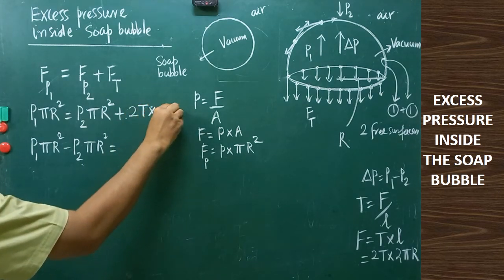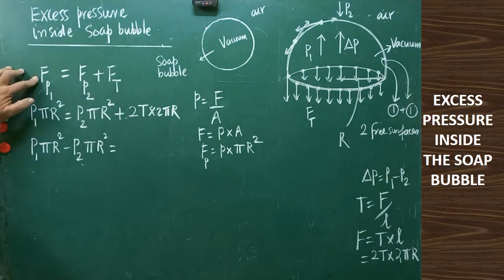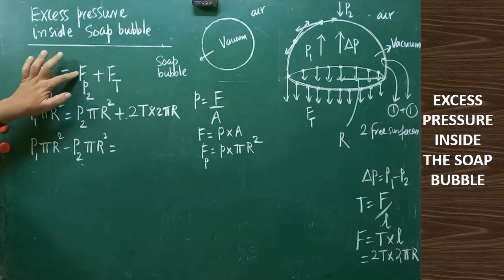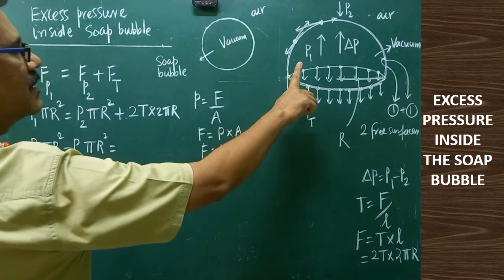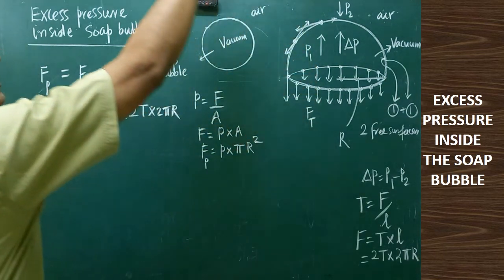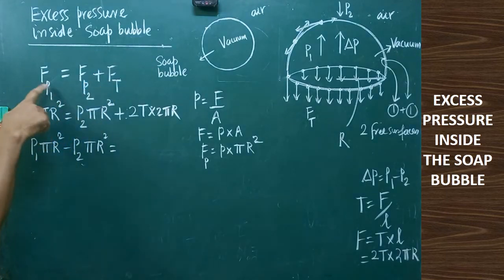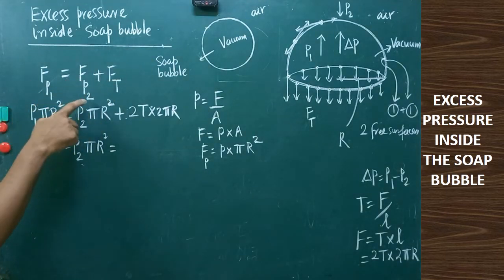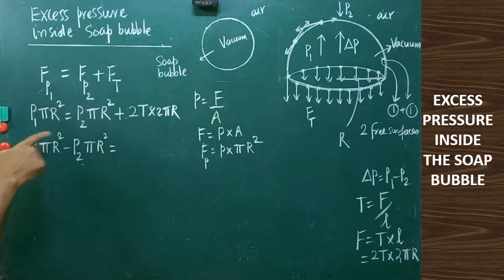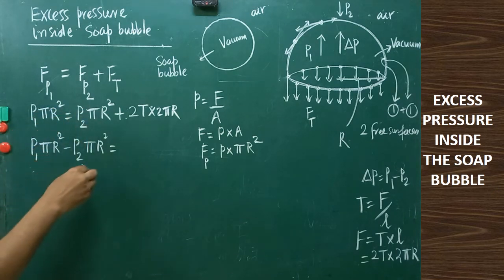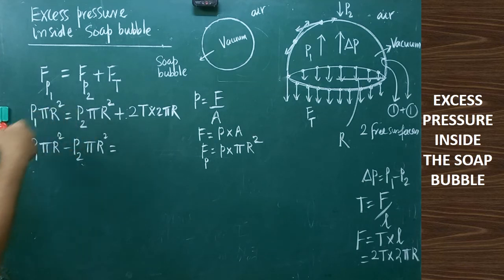Are you clear? Already we know the expressions for force due to pressure P1 and force due to pressure P2. Here also the pressure P1 is acting from inside, and P2 is acting from outside. The derivations for force due to P1 and force due to P2 were already taught, and all are written here. Are you clear? Then all the factors are brought to this side.